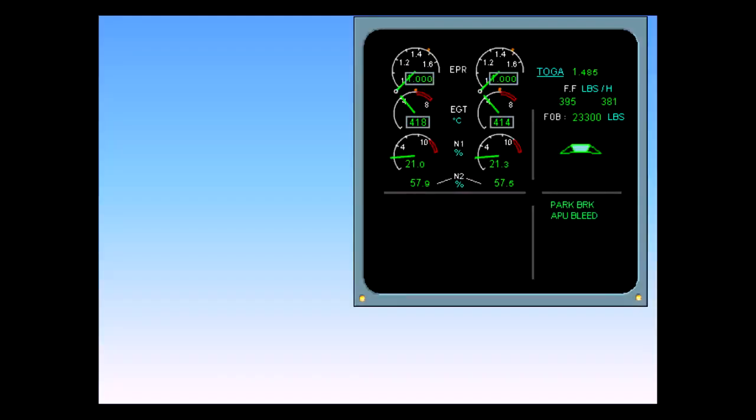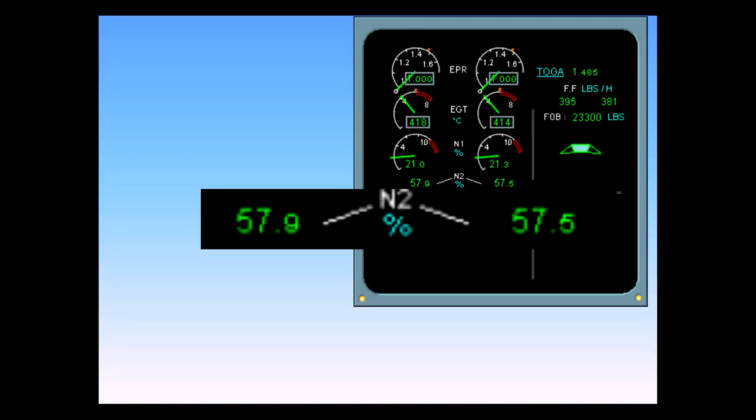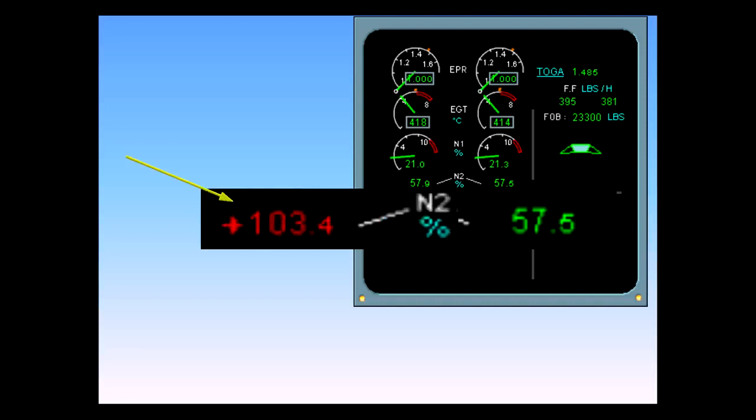The N2 gauges consist of a white N2 identifier with the actual N2 speed shown numerically in green. Should an overspeed occur, the N2 value will turn red, and a red plus sign will appear next to the number. Even if the overspeed is corrected, the red plus sign will remain until maintenance action is taken.